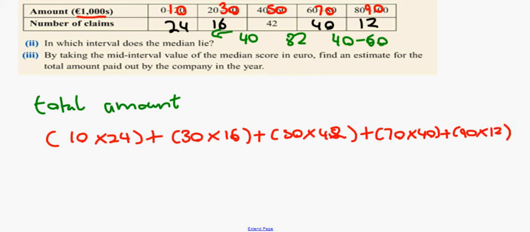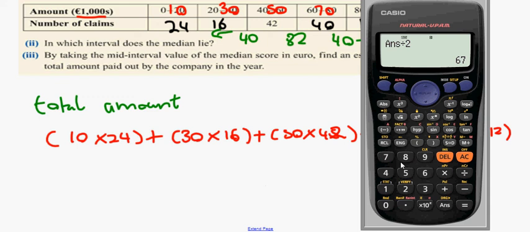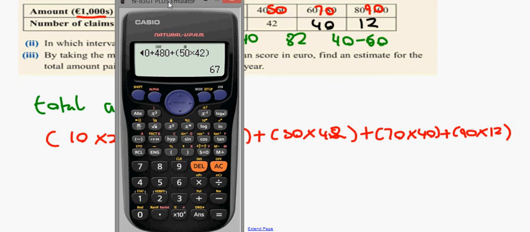Okay, add them all together, we get 240 plus 480 plus 50 by 42, and then the next one's going to be plus 70 by 40, plus 90 by 12.